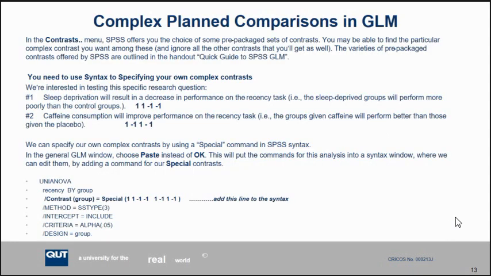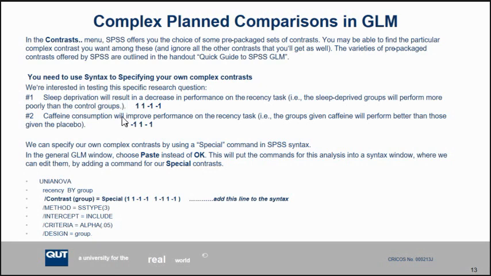So complex planned comparisons in GLM are not so great. There are some pre-packaged contrasts that you can choose from, but the easiest way, I think, is just to go into the syntax and specify your own complex contrast, so that way you know exactly what you're asking for.